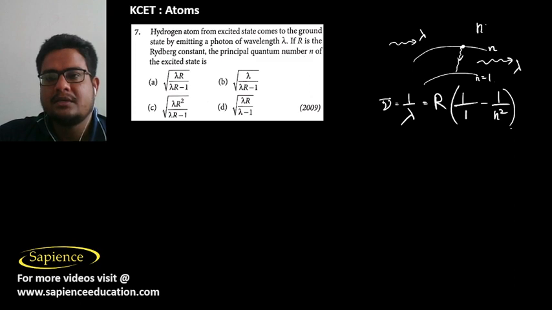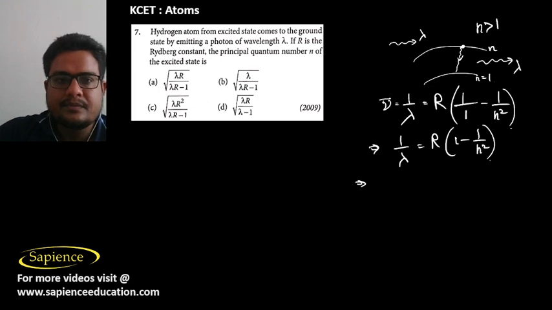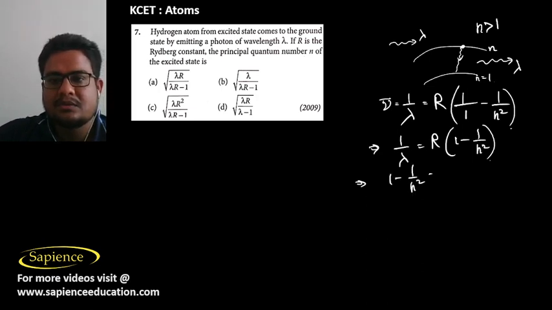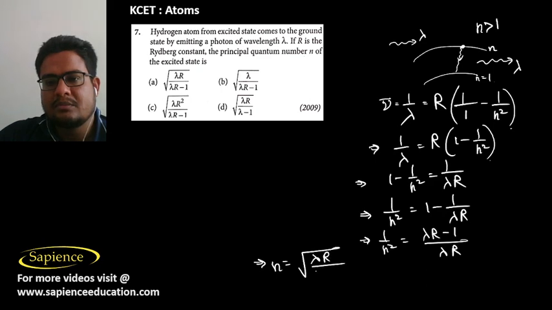Here n is obviously more than 1, so 1 by n should be less than 1. Therefore 1 by lambda is equal to R into (1 minus 1 by n square), so 1 by n square is equal to 1 minus 1 by lambda R, which is (lambda R minus 1) by lambda R. So n will be equal to square root of lambda R by (lambda R minus 1).